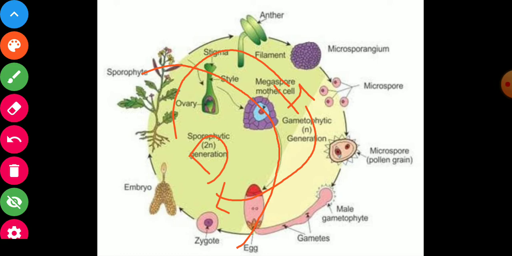It is found in angiosperms, and also in bryophytes and pteridophytes. In it, the diploid stage gives rise to haploid and haploid gives rise to diploid, alternating the generations.